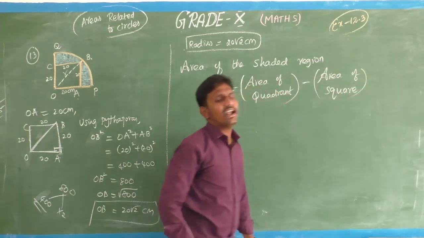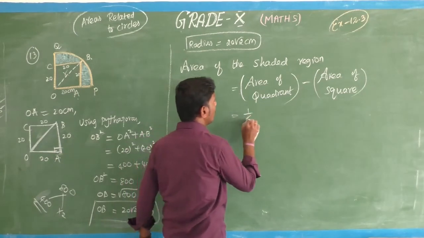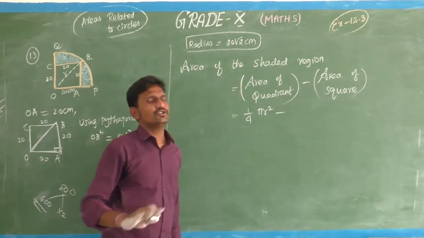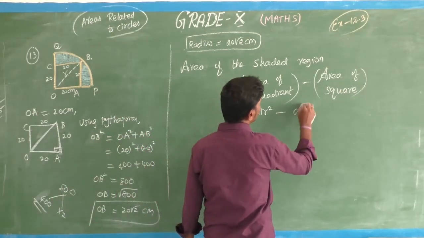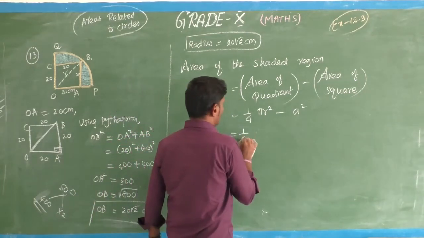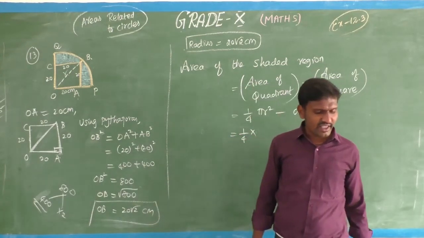You have the formula for the area of the quadrant, 1 by 4 pi r square, or otherwise use the sector formula also, it's not a problem. So 1 by 4 pi r square minus the area of the square, which is side square.